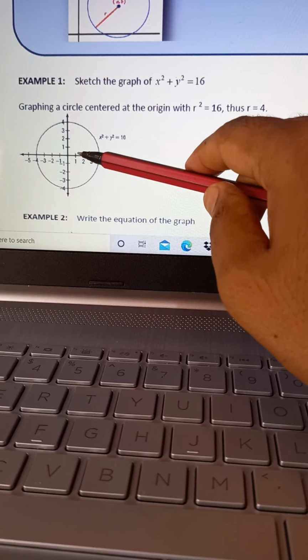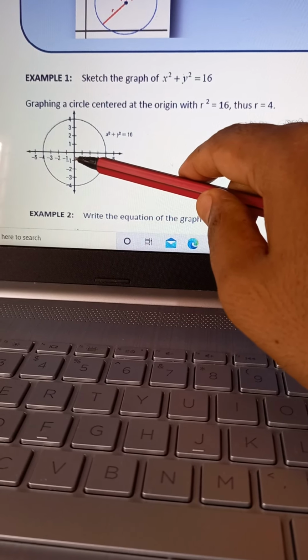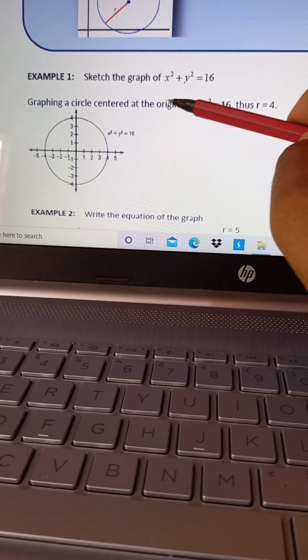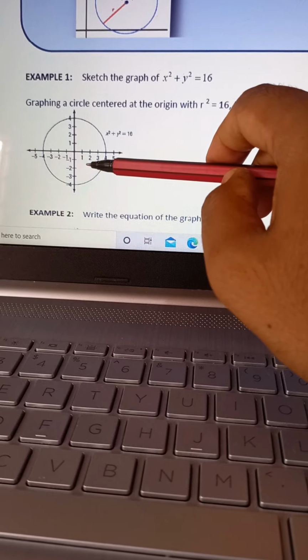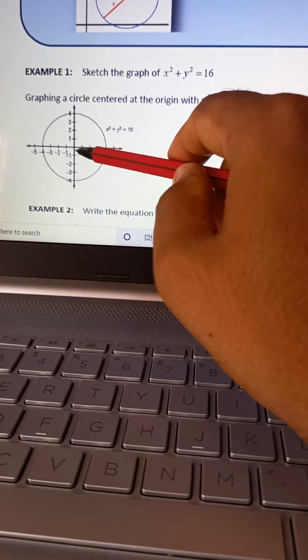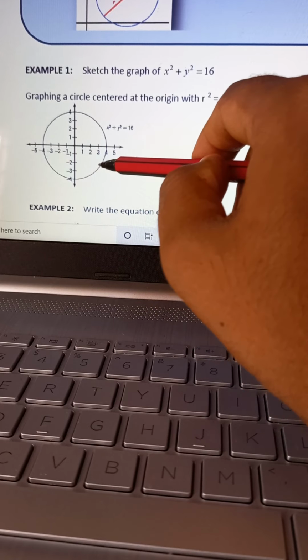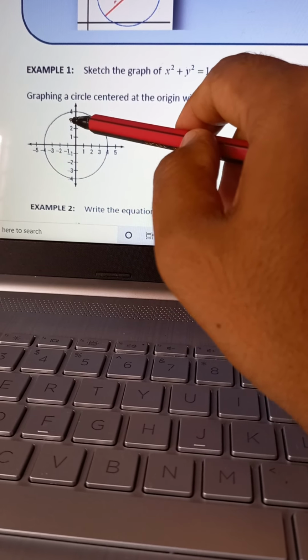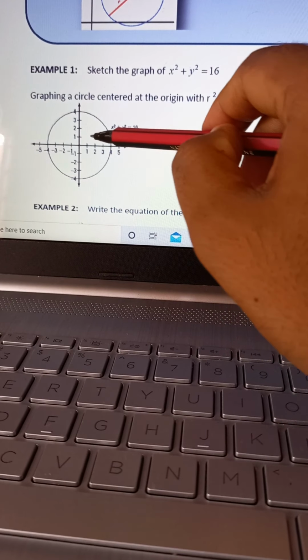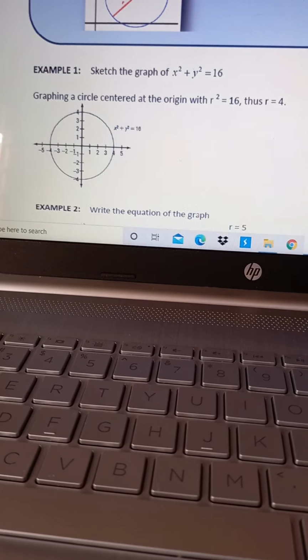When we are drawing a circle, the center is at the origin because there is no transformation. Origin is the center. So using your compass, you just draw a circle with a radius of 4. It should cross 4 on all the sides of the Cartesian plane. And that's done with the circle.